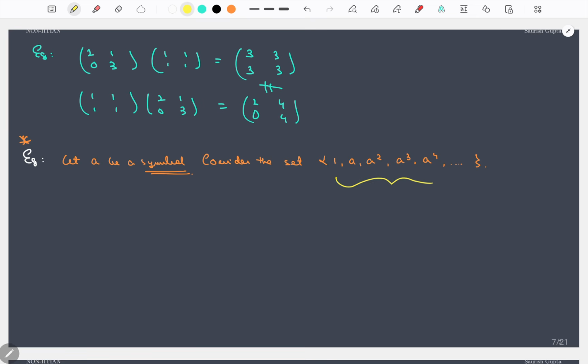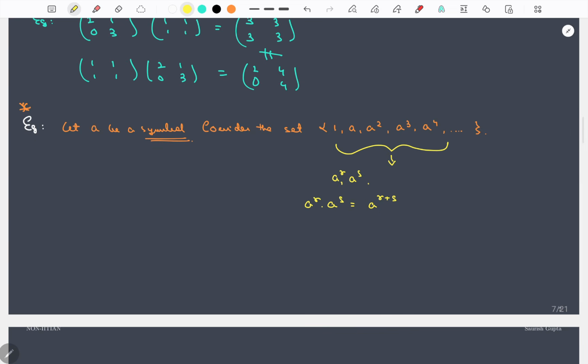Does this form a group? I'm telling you the reason, it's very simple. Any two elements in this set are of the form A to the power R and A to the power S. If you multiply them out, with the usual sense of multiplication, you will get A to the power R plus S, which should also be an element here by the way we have constructed this set.